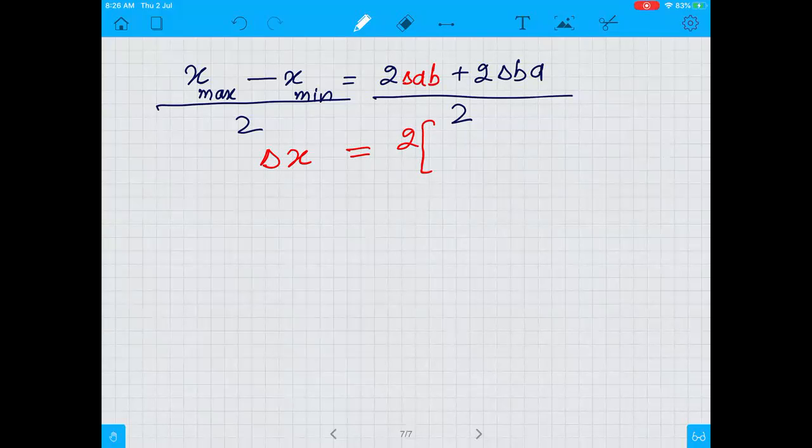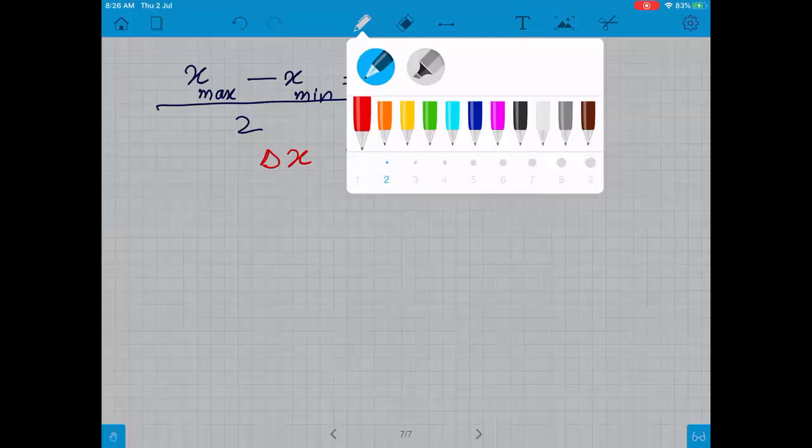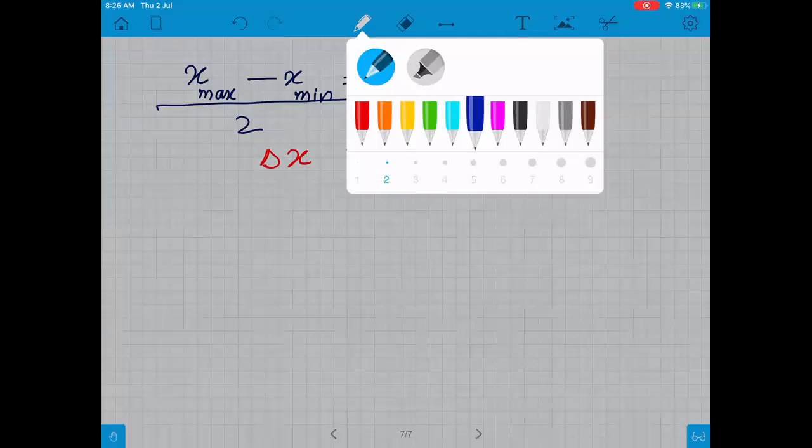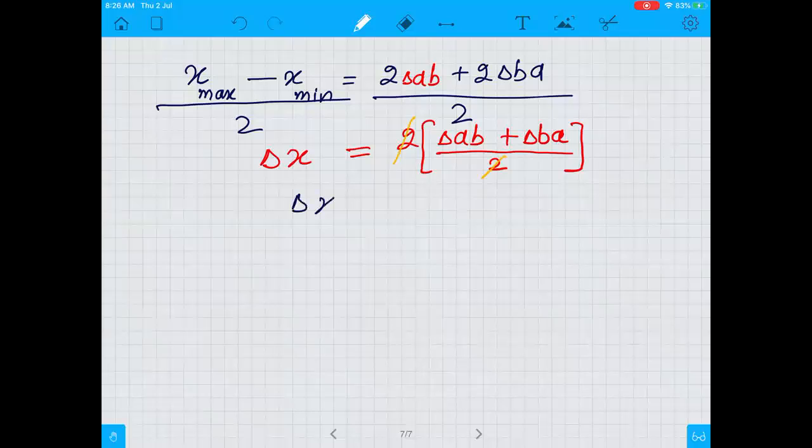Now you see 2 can be taken common, and it would become delta AB plus delta B A, whole divided by 2. Now this 2 will be cancelled with this 2, and the final form of this formula would become delta x is equal to delta a times b plus delta b times a.